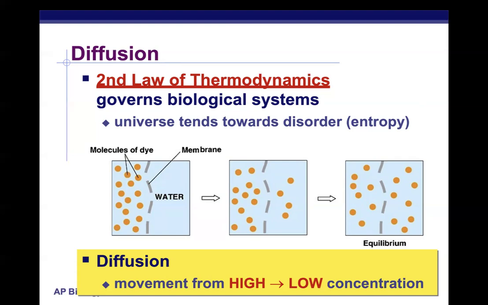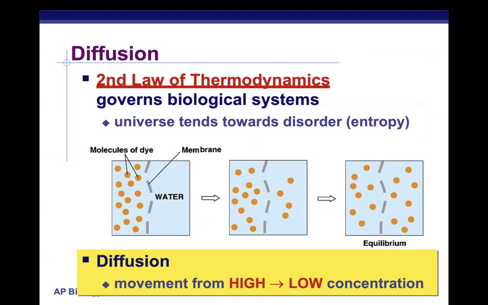All right. What that means is that the universe in general tends towards disorder or entropy, which just means that it tends to move in a direction where the possible state of an individual particle grows over time.